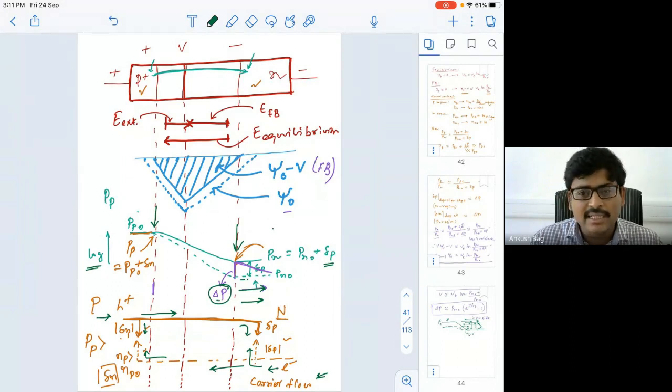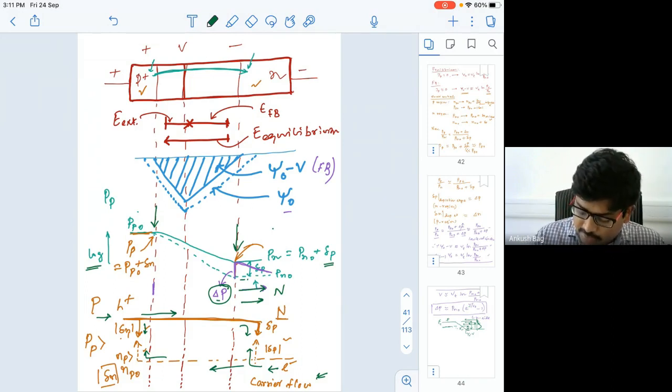So in linear scale, we will not be able to show both. But for the minority carrier profile, here it is the hole concentration variation in the quasi-neutral N region. So we will draw this variation once again, and see how we can arrive at our current equation.